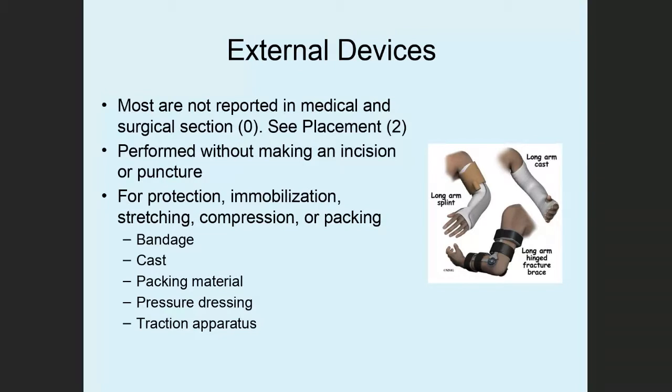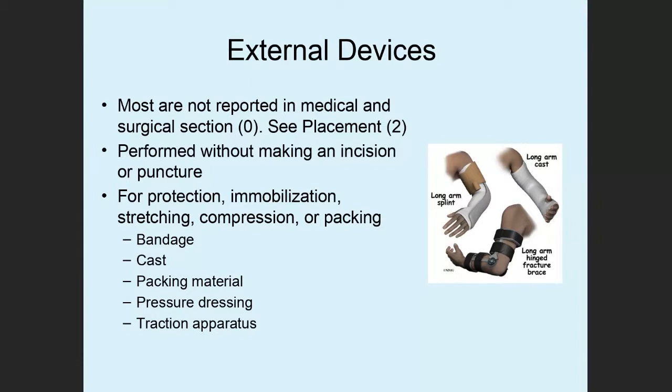Now, some devices are external and don't require an incision or a puncture. In this case, these are not reported in the medical and surgical section. They're used from the placement section, not the medical and surgical section. No incision or puncture is involved.